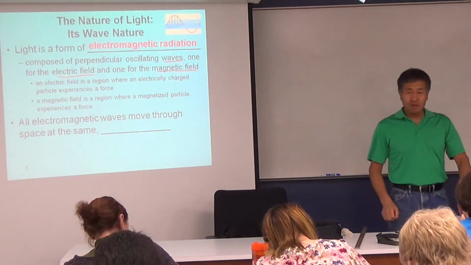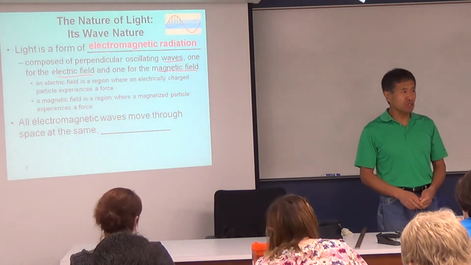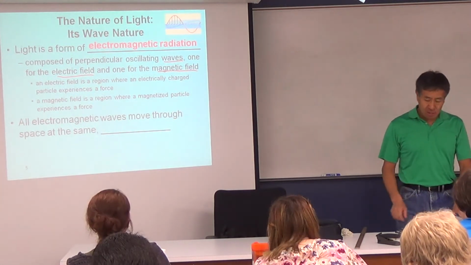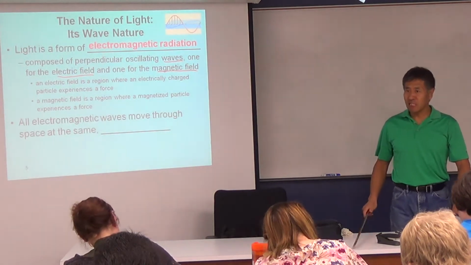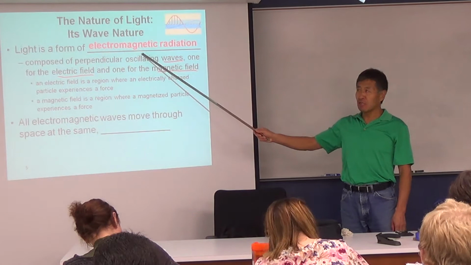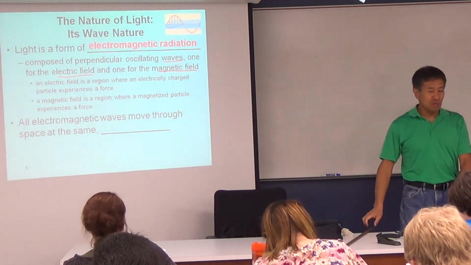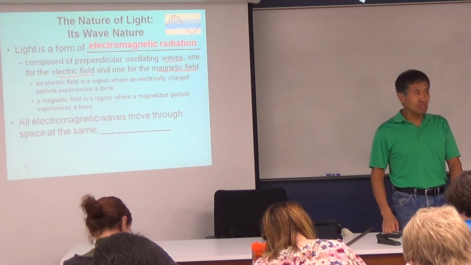So then, one very important characteristic about this kind of wave or this kind of light, which we call electromagnetic radiation, is that they all travel at the same speed.